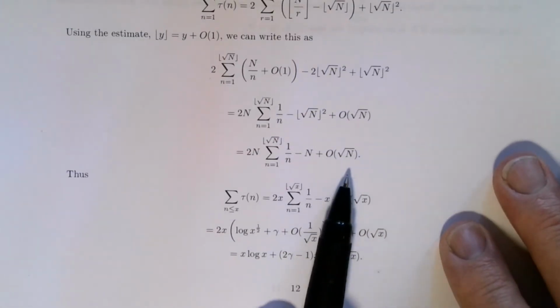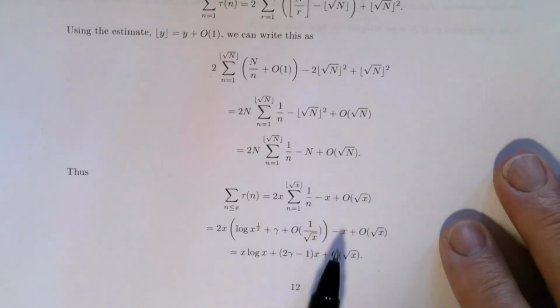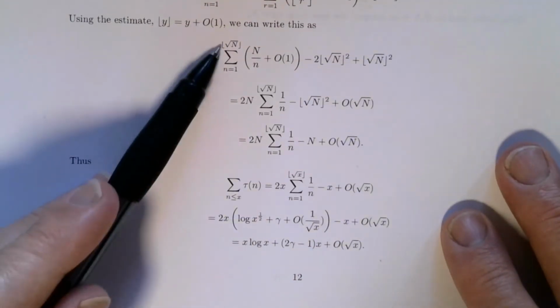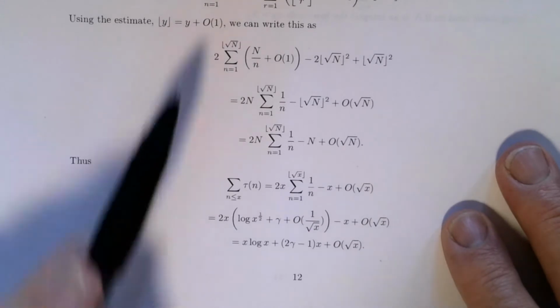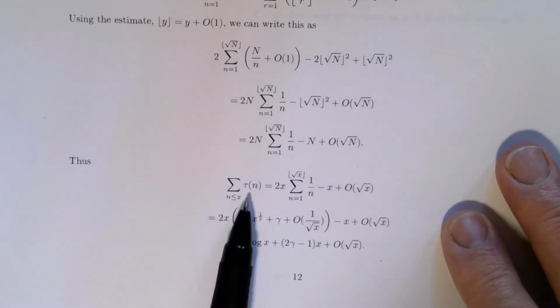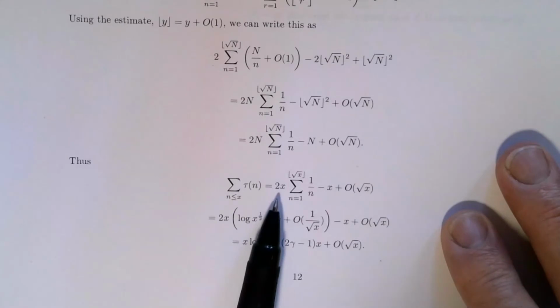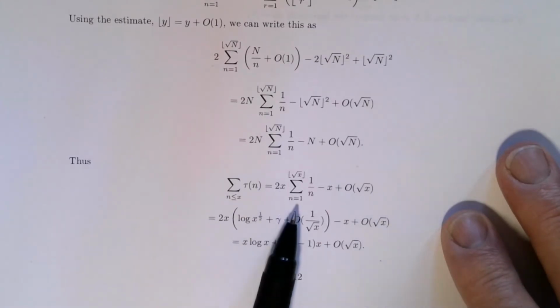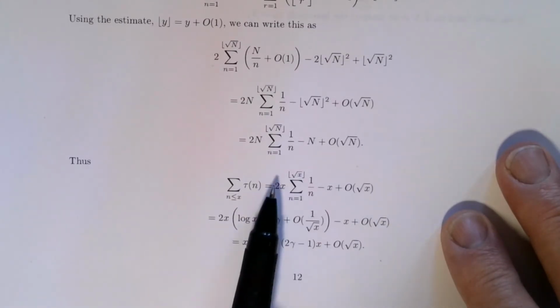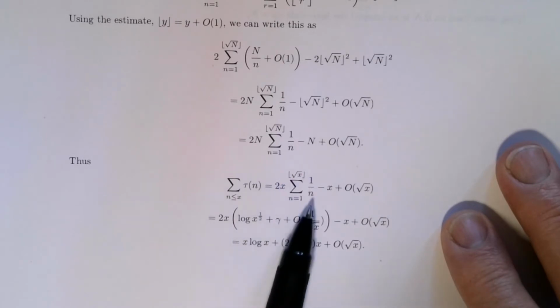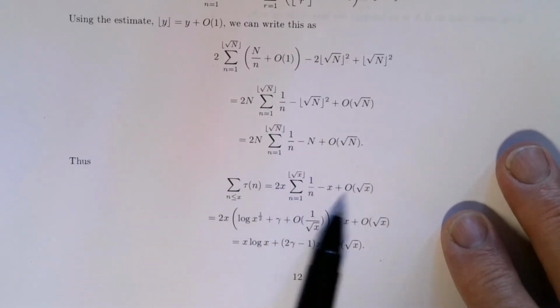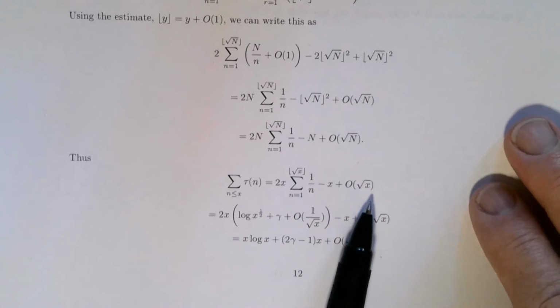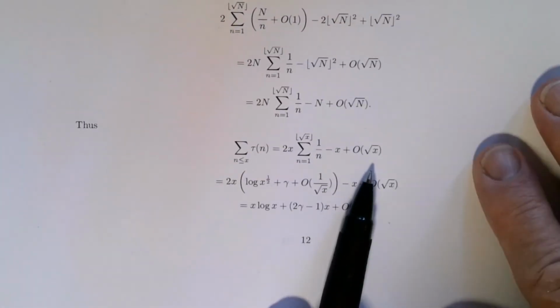Finally then, I can say that, replacing this with x, the sum over n less or equal to x of tau(n) is 2x times the sum from n equals 1 up to floor of root x of 1 on n, minus x, plus big O(root x). I'm just replacing all the n's with x's.